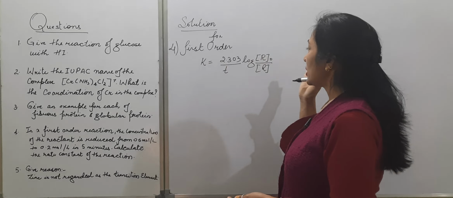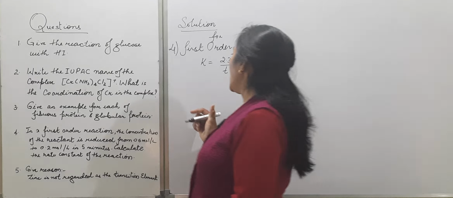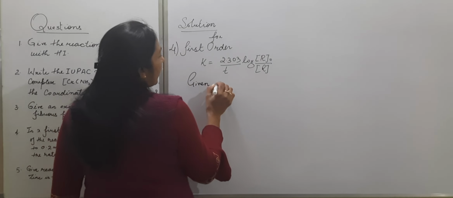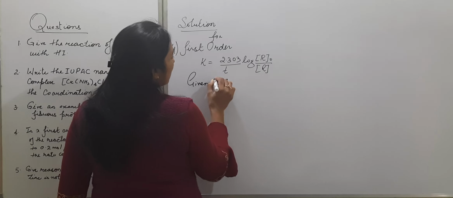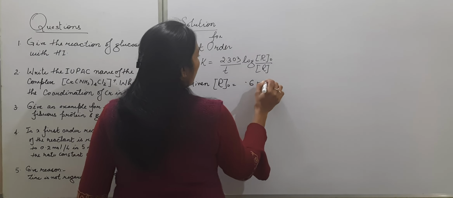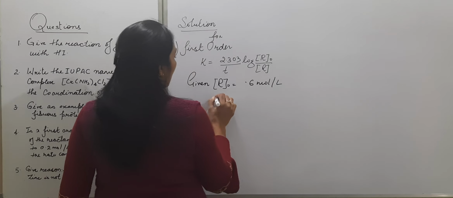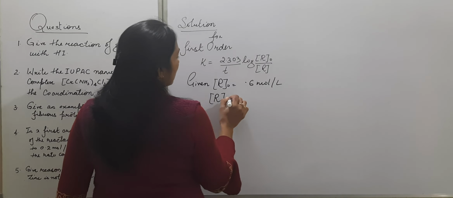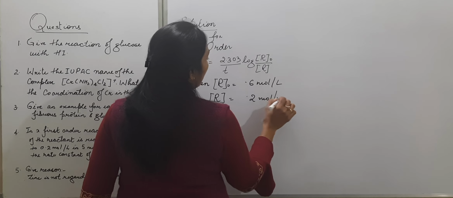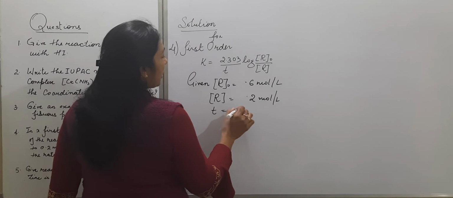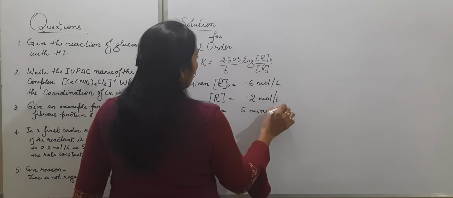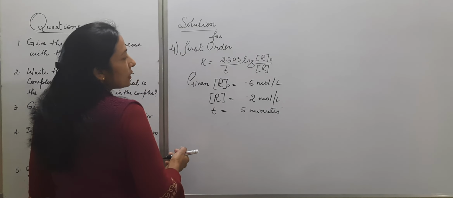For writing this you can get 1 mark, and then we will write what is given: R0 is 0.6 mole per liter, R equal to 0.3 mole per liter, and time is given to us, that is 5 minutes. So substitute all the things there.